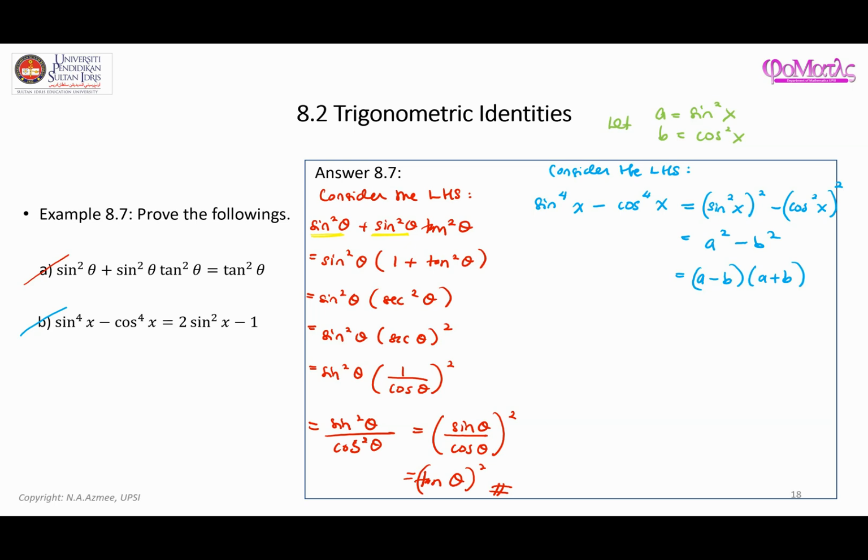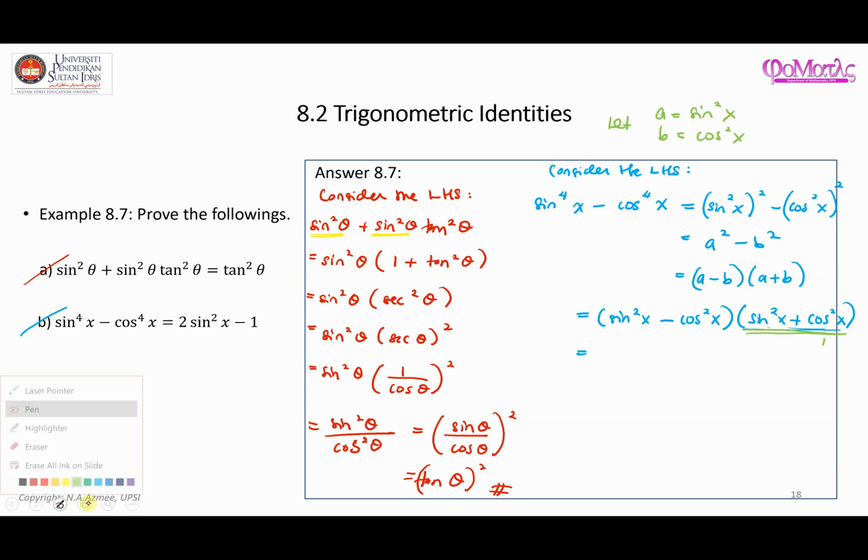So next, what I'm going to do is replace a and b in this expression. a minus b is sine squared x minus cos squared x. a plus b is sine squared x plus cos squared x, and this one will be equal to 1, because this is just a trigonometric identity which you have seen in the previous subtopic.